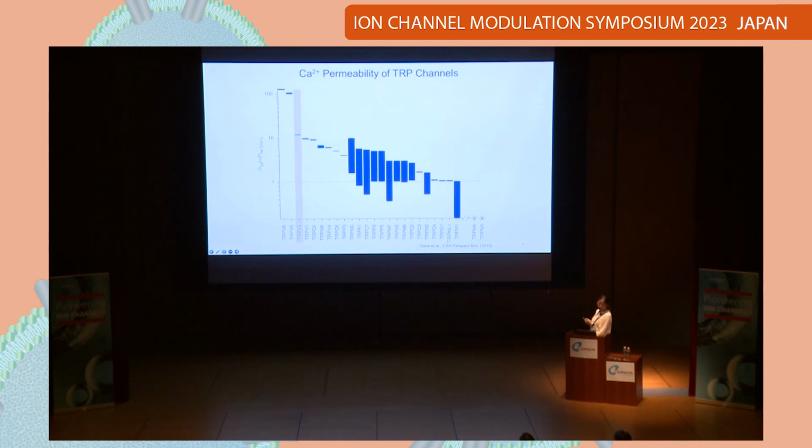Including TRPV3, many TRP channels, especially the TRPV family, are highly calcium permeable. Therefore, this calcium influx upon channel opening could lead to the activation of calcium-sensitive intracellular processes or some calcium-dependent ion channel activities.